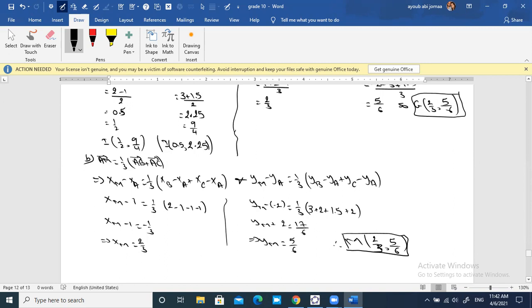M and G have the same coordinates, 2 over 3, 5 over 6. Then M is confounded with G, or coincides with G. In fact, point M is point G. M is the centroid.